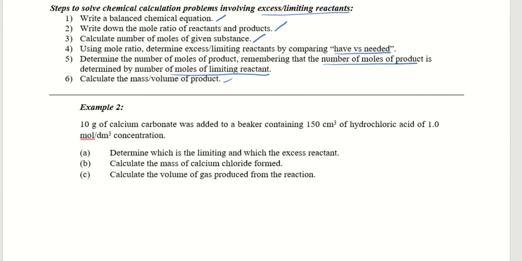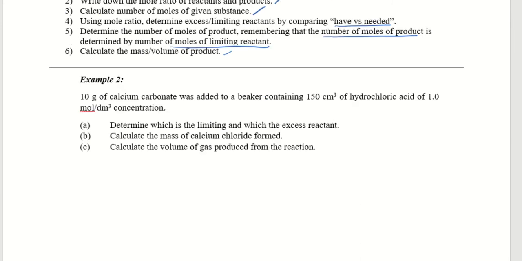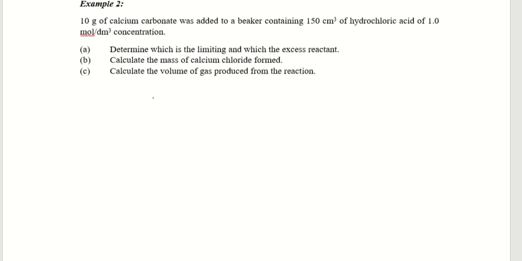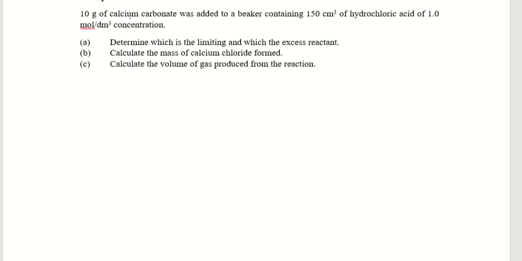The first step we have to do is write a balanced chemical equation for this reaction. So we see that this is the reaction between calcium carbonate and hydrochloric acid, and we will realize that this is an acid carbonate reaction, therefore producing salt, carbon dioxide, and water.